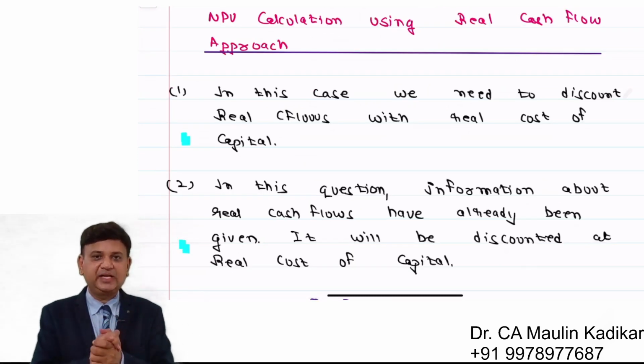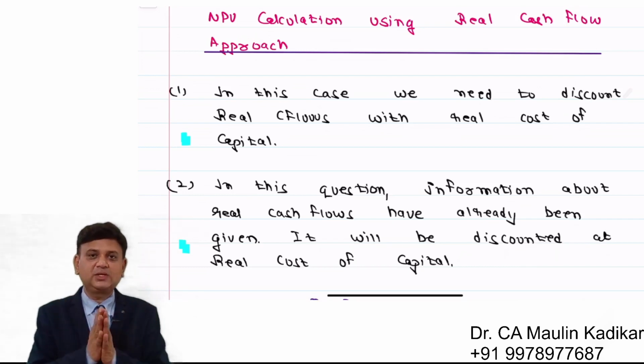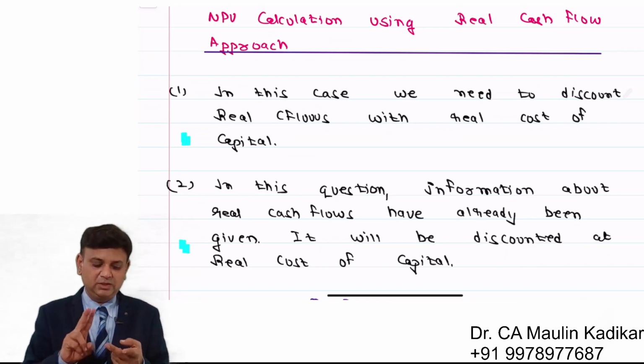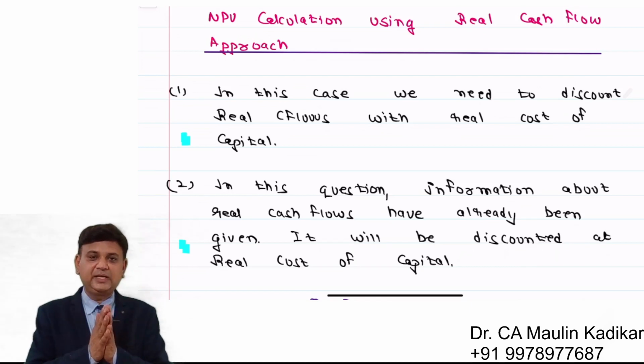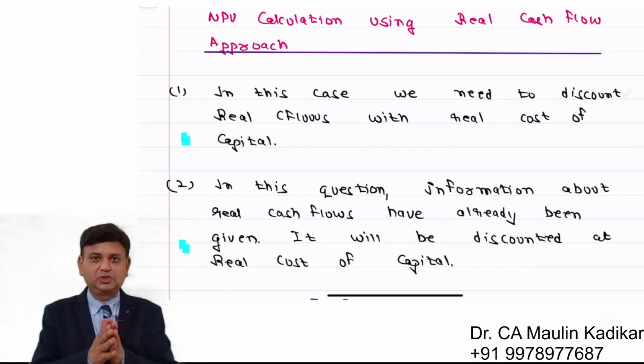So, summary of the entire answer: a very important question, very basic question, but important in my opinion. Over here, the question provides real cash flows, nominal cost of capital and inflation rate, and we are required to calculate the NPV using the real cash flow approach and nominal cash flow approach.